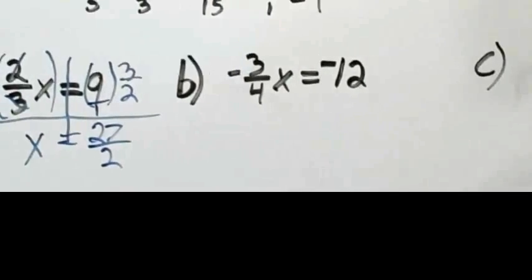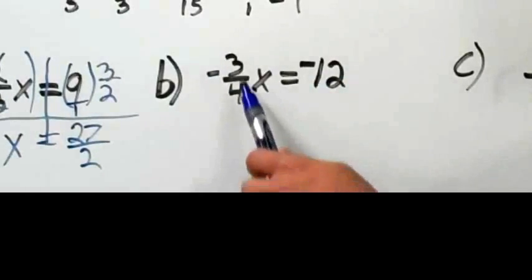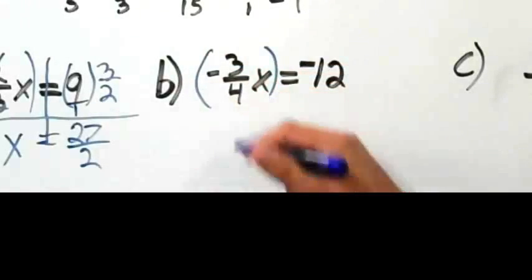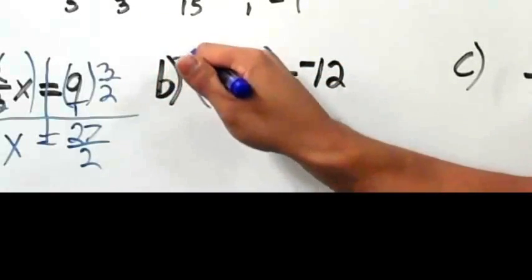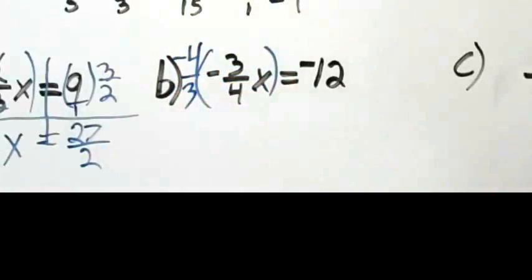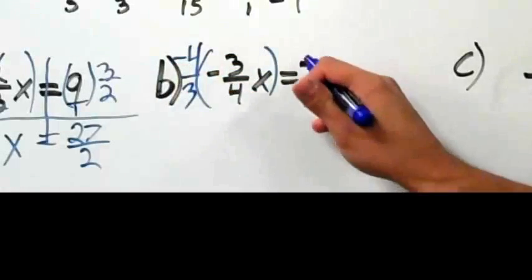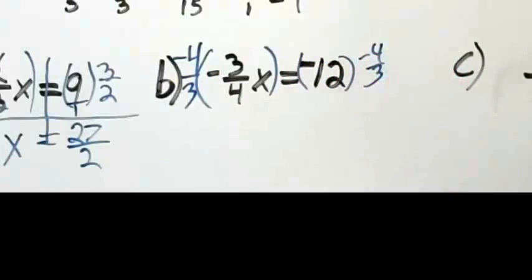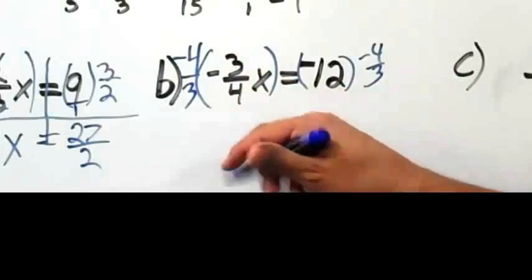Okay? B. So again, I have a fraction here. It's a negative fraction, but the same thing works. If I multiply by the reciprocal of 3/4, which is 4/3, they're both negative. What I do to one side, I must do to the other. Okay? And let's check this out here.